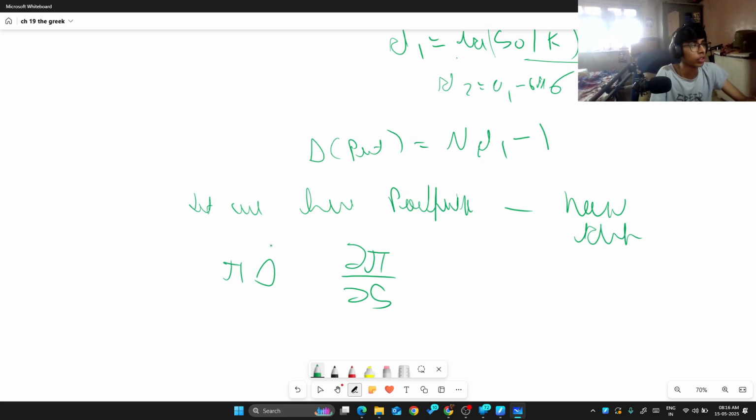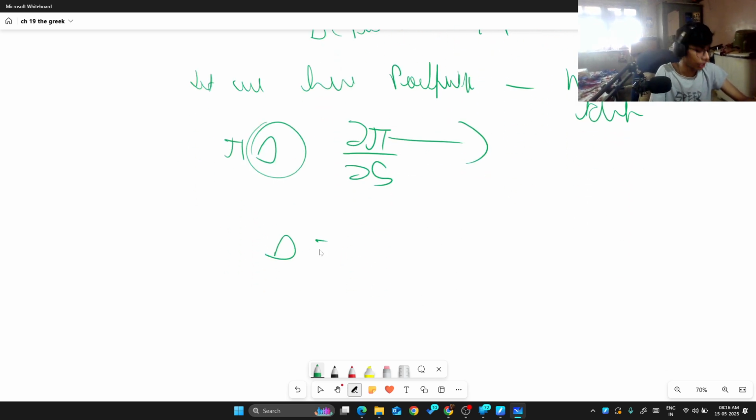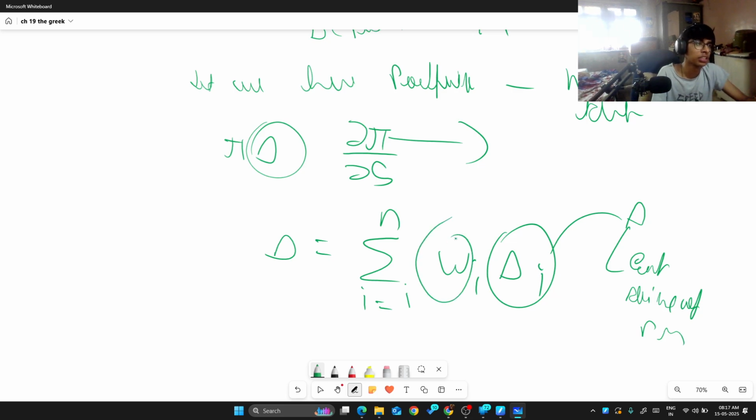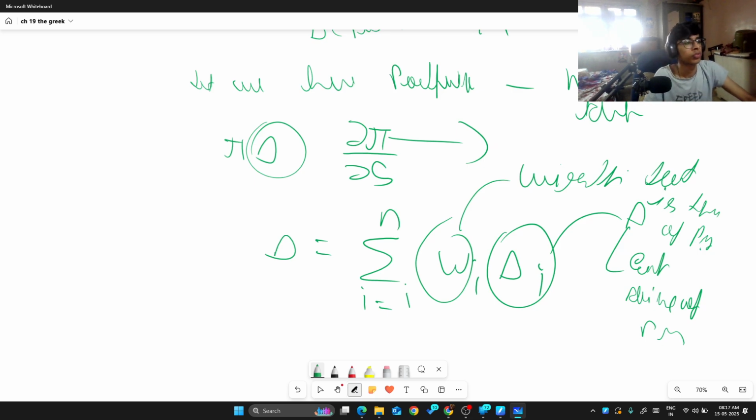But we don't have that, so the simple way to find the delta is delta equals summation of i equals 1 till n, w_i and delta_i. Delta_i is the delta value of each derivative in the portfolio, and w_i is the weight in the portfolio. In this way we can find the delta of the portfolio.